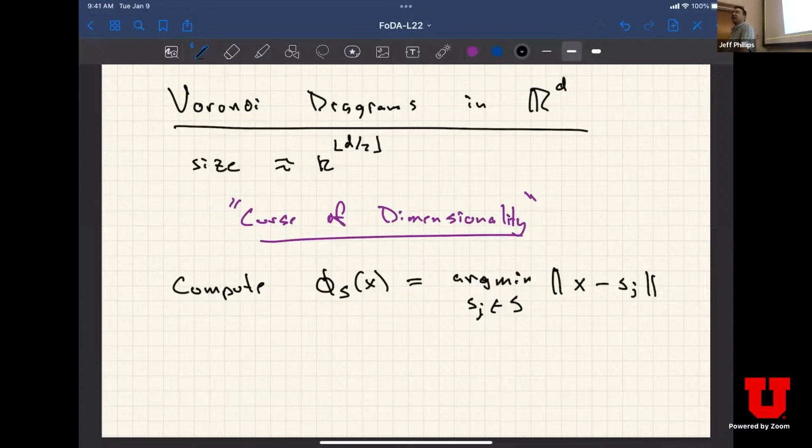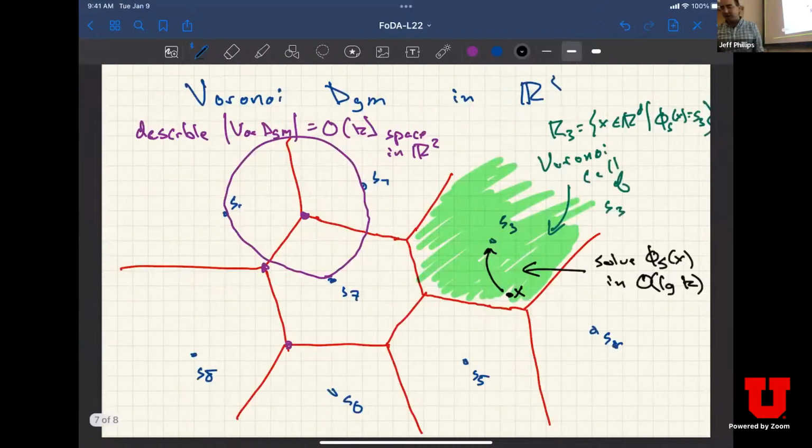Okay, so I just want to compute this function. The reason I thought this was nice is because I could solve this in logarithmic time very quickly. I could look up the right answer.